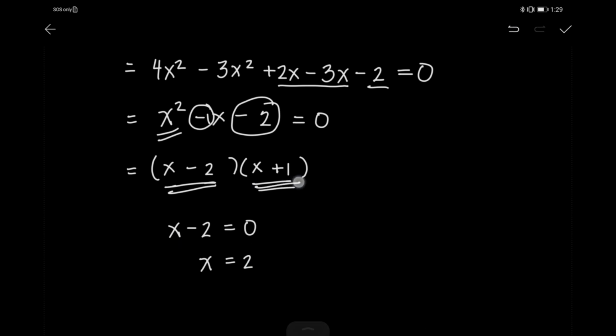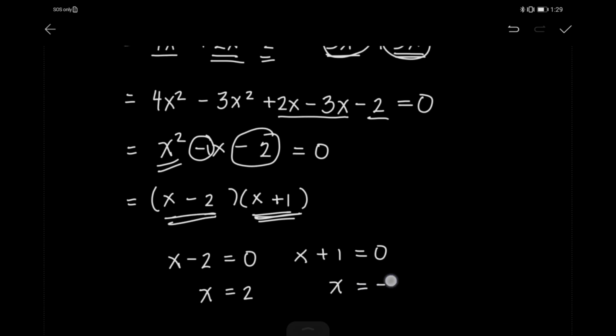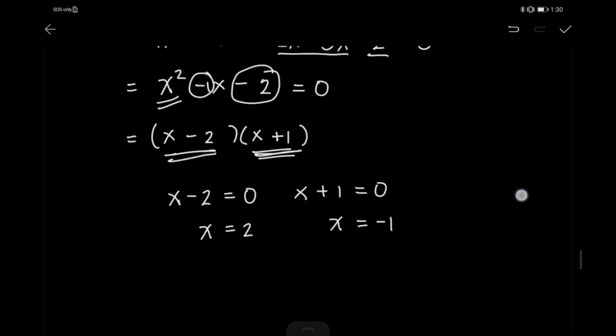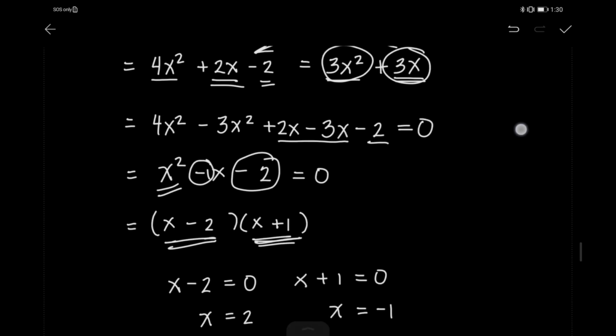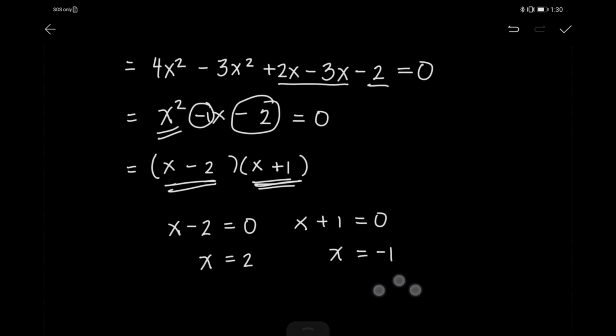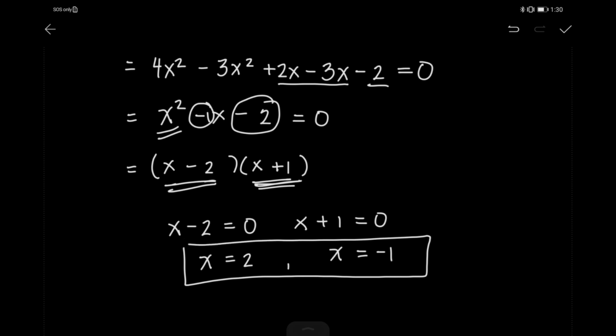Equate the other factor also: when does x plus 1 become equal to 0? This becomes 0 if x is equal to negative 1. Therefore, in this rational equation, we have two solutions: x is equal to 2 and x is equal to negative 1.